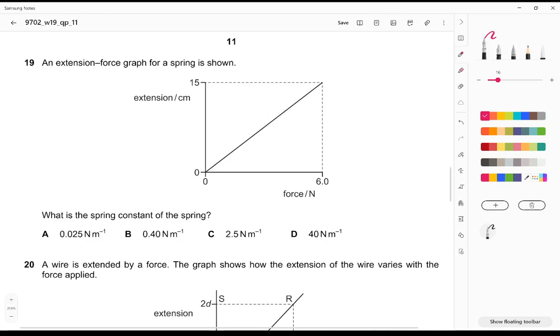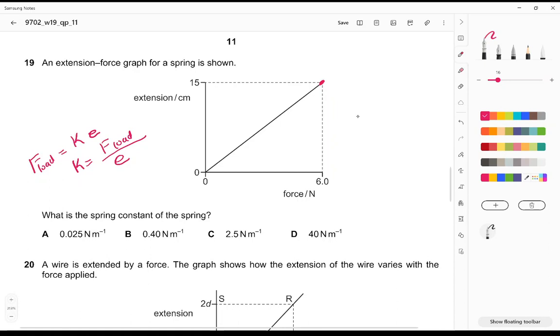An extension force graph for the spring is shown. What is the spring constant of the spring? We know this fact, the load F is equal to K times the extension. So K should be the load applied over the extension. If we look at this, we can easily find it out using one of the values over here. Just use this.